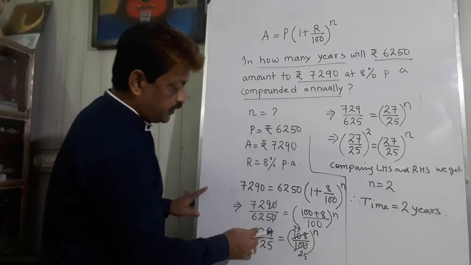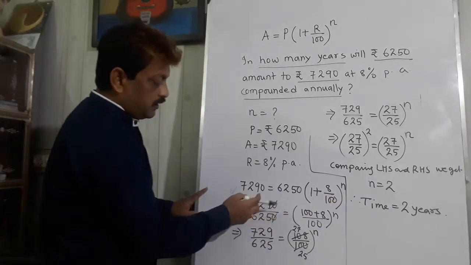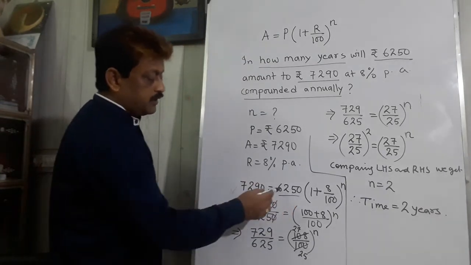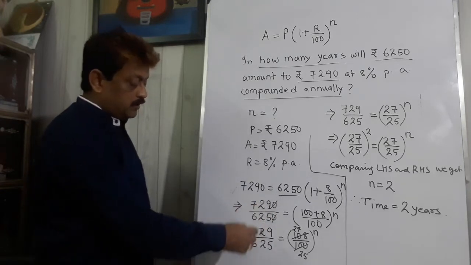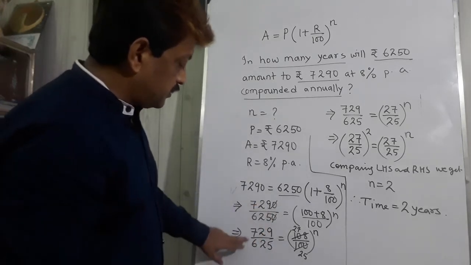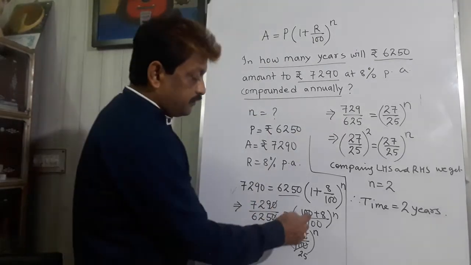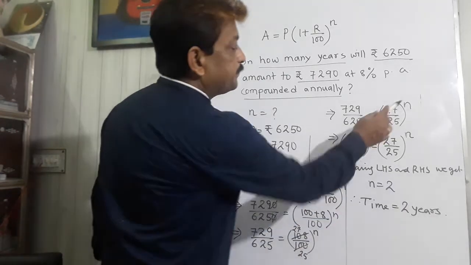So after substituting, since I have to find n, that's why I have brought this principal amount, that is 6250, under the amount, and then 0 0 is cancelled. So it is 729 upon 625, and on the right hand side after calculation I have got 27 upon 25 to the power n.